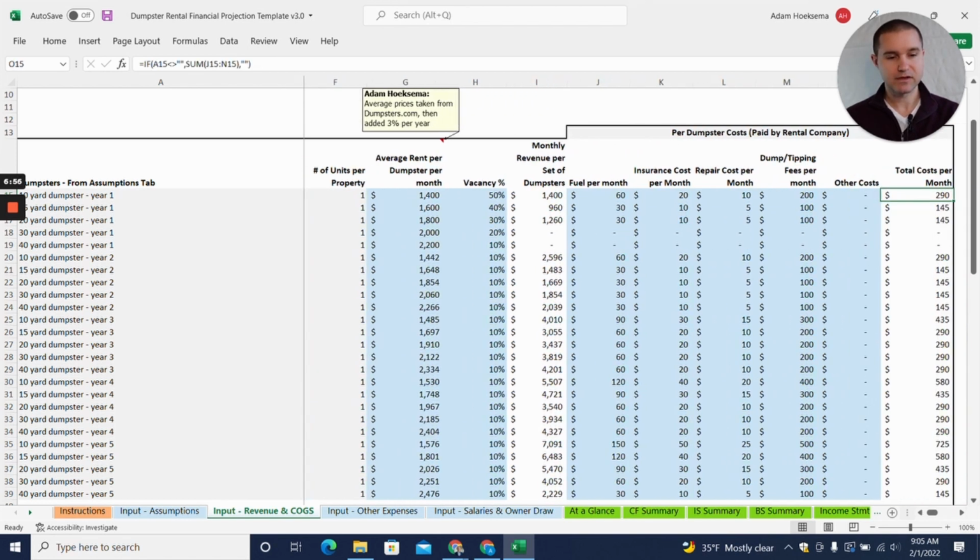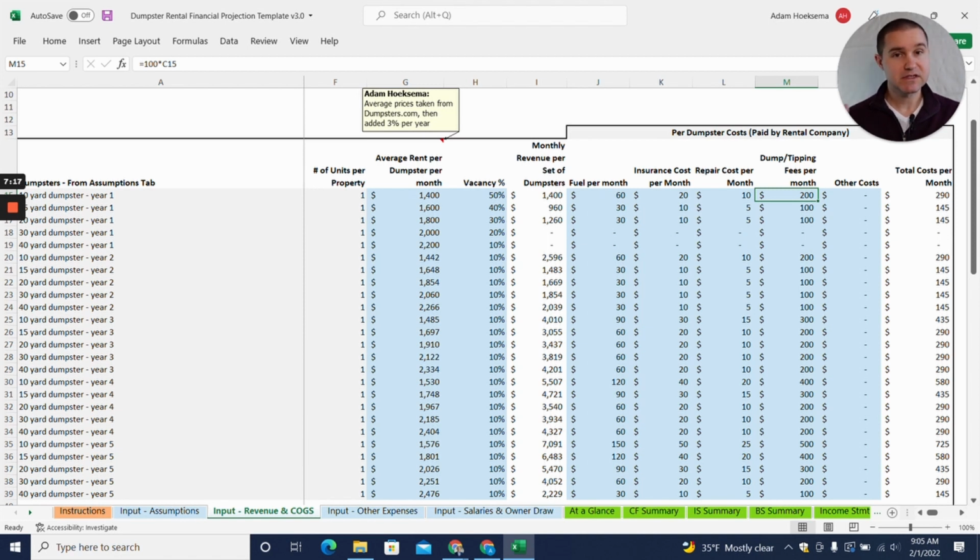And now we have the ability to add expenses on a per dumpster level. So we're saying there's going to be fuel costs for you to go pick up and drop off the dumpsters. There's going to be insurance costs, repair costs, and tipping fees or dump fees on a monthly basis.